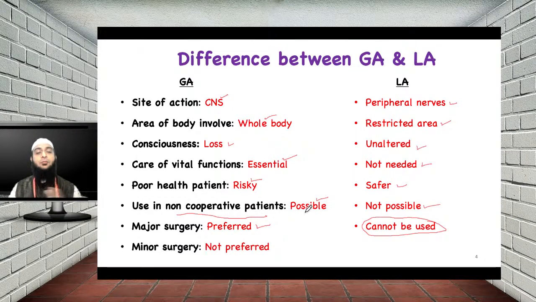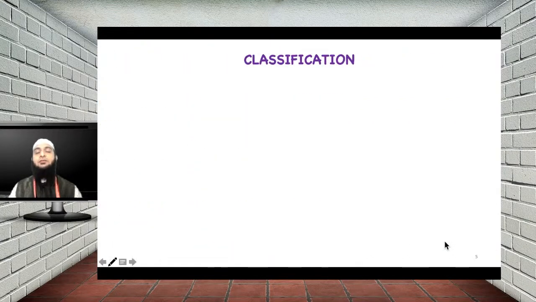Whereas it is exactly opposite for minor surgery. In minor surgery, general anesthetics are not preferred because why unnecessarily expose the different organs to the drug? What you can do in case of minor surgery is simply use a local anesthetic. So local anesthetics are generally preferred in minor surgery. So this is the difference between local anesthetics and general anesthetics.